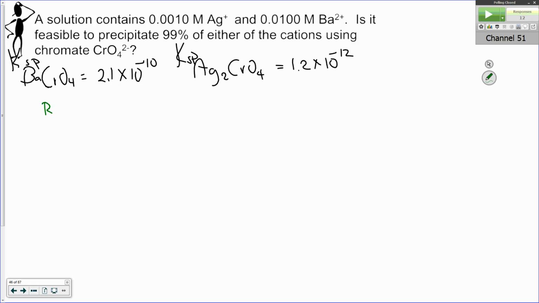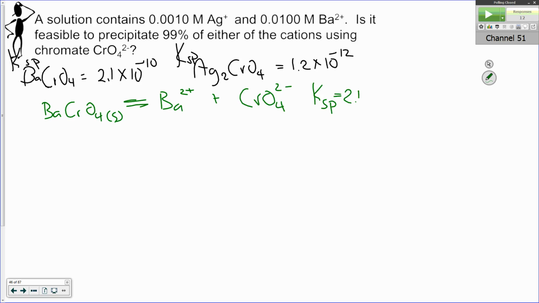So I've got barium chromate. The solid would dissociate into the barium 2+ cation and the chromate 2-. And the KSP for that one, which was 2.1 times 10 to the minus 10th, is equal to the concentration of the barium times the concentration of the chromate.